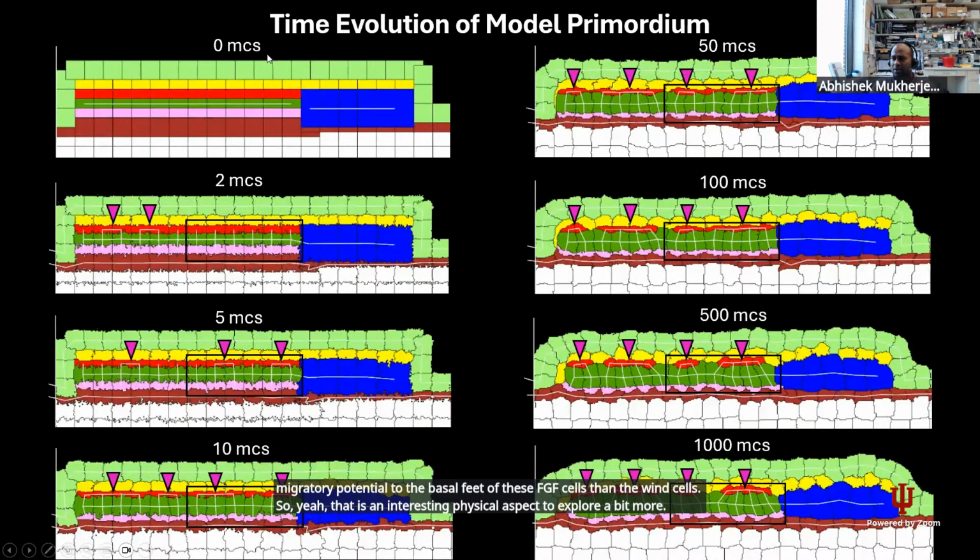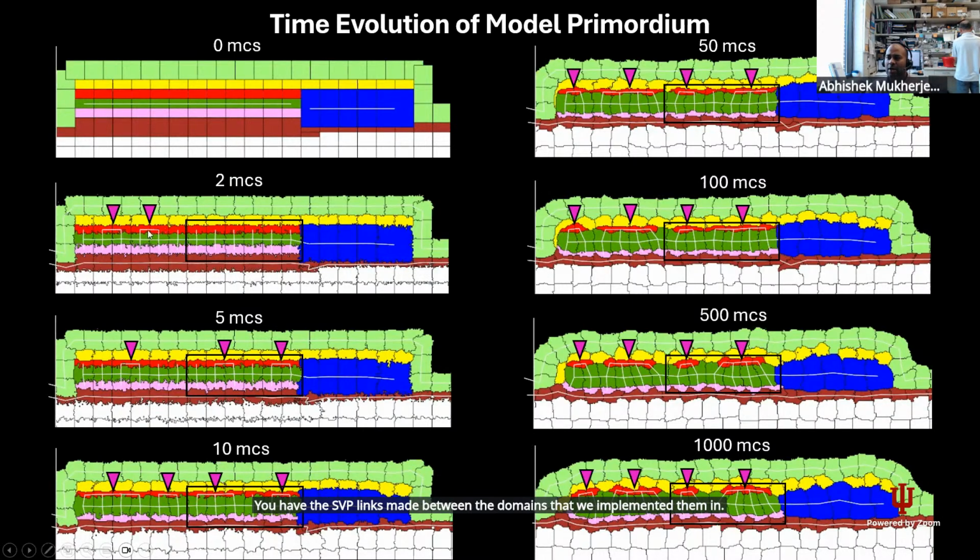So here, if you go from top to bottom, you see a time course of the evolution of this model primordium, where we started out with this setup as I initially showed you. And then as time progresses, very quickly, you have the FPP links made between the domains that we implemented them in.